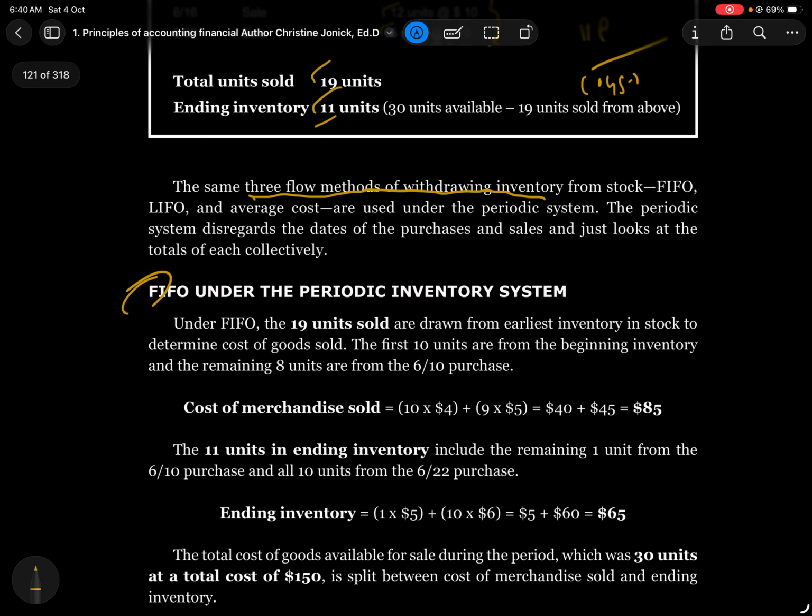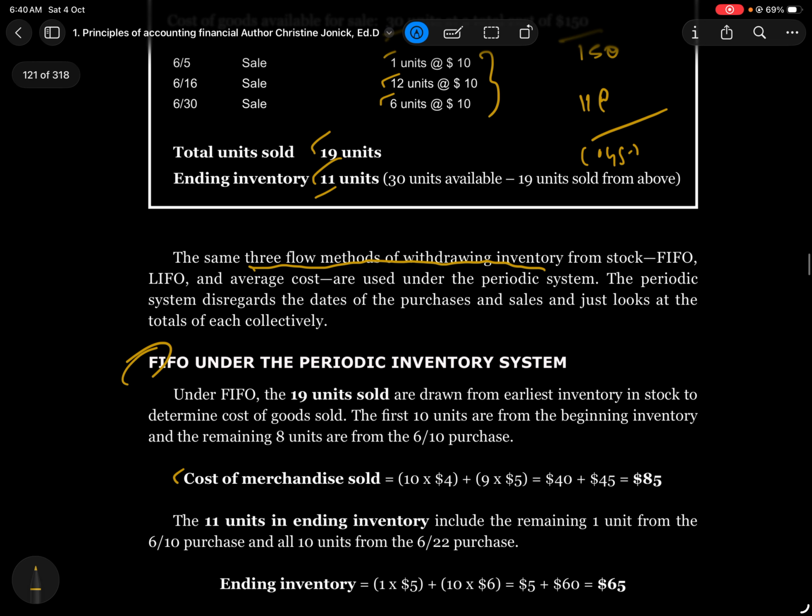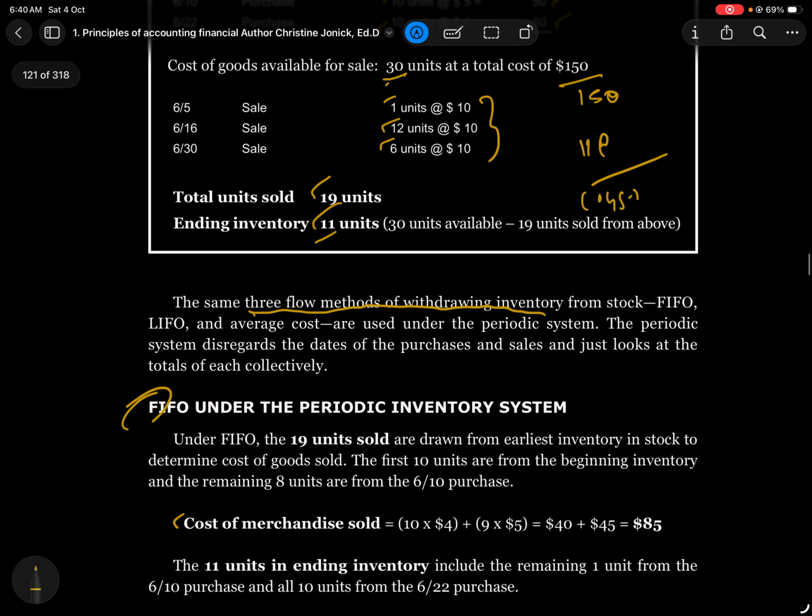Okay, under FIFO, what happens in a periodic system is basically what's our cost of merchandise? So 19 units are drawn from the earliest inventory in stock, right?